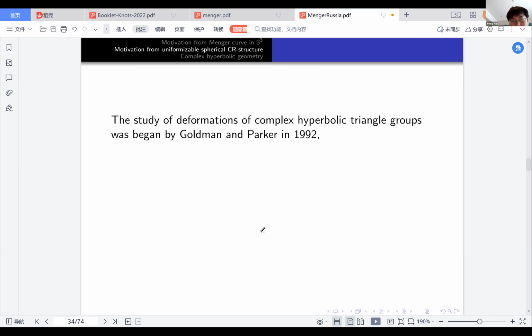For example, the study of deformations of complex hyperbolic triangle groups was begun by Goldman and Parker in 1992.